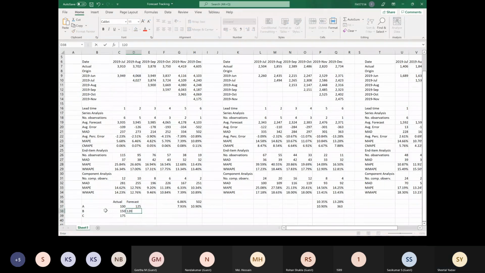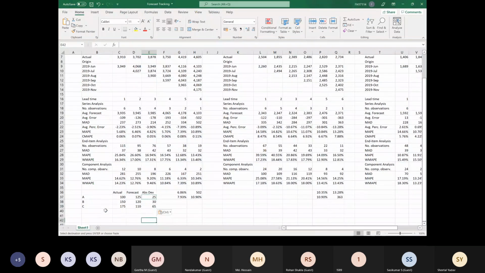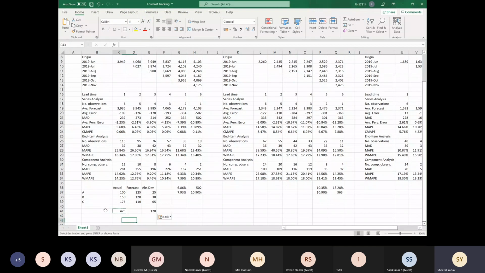My absolute deviation, and then take the sum of my actuals. So now my MAPE formula, in this case, if I look at individual MAPE for an individual item, this is going to be my MAPE, correct? Yes.